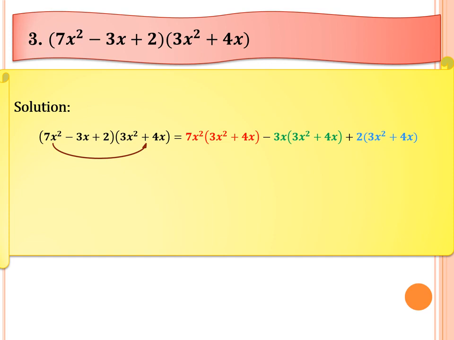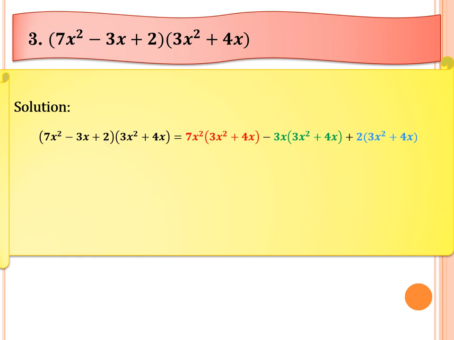For the next term, we distribute negative 3x to the second parenthesis. So, that's why we have negative 3x times 3x squared plus 4x. And for the next term, we distribute 2 to the second parenthesis. So, we will have 2 times 3x squared plus 4x.